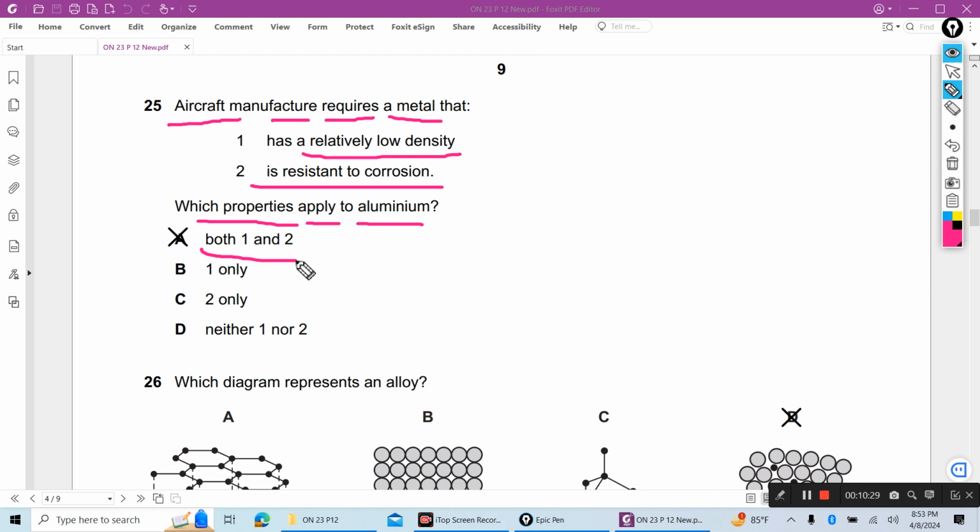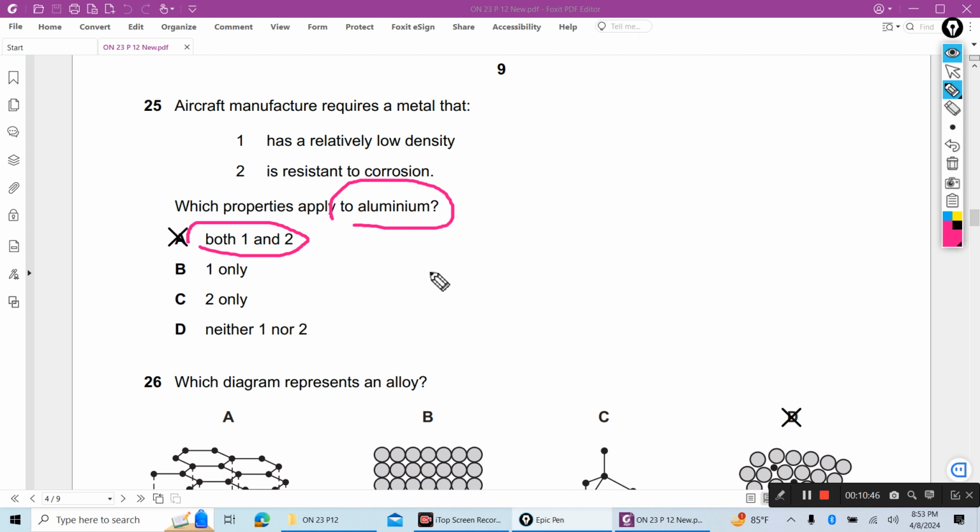Both 1 and 2, because aluminium has low density and it is resistant to corrosion. So both 1 and 2 properties apply to aluminium. B, C, D are wrong.